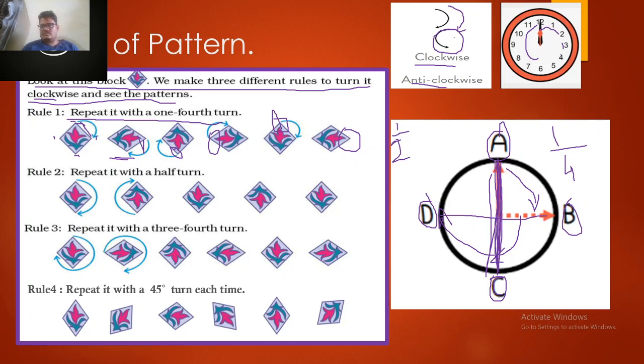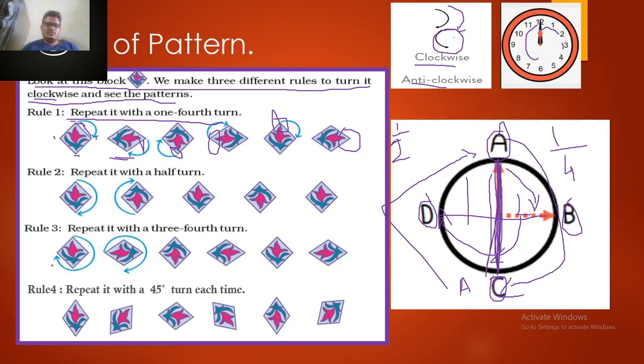Okay, now this is the first part and this is the second part. Now look at the pattern. When I turn this A directly to here, out of two parts I am turning here, it will become A. Again, when I turn half, this A will come again here.